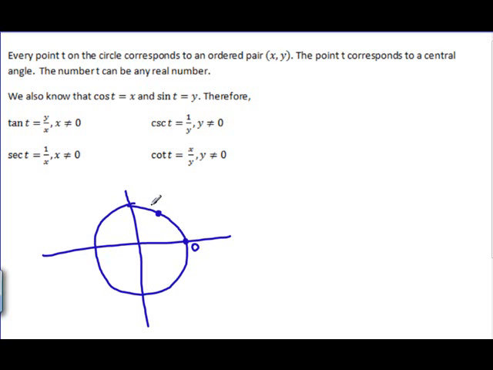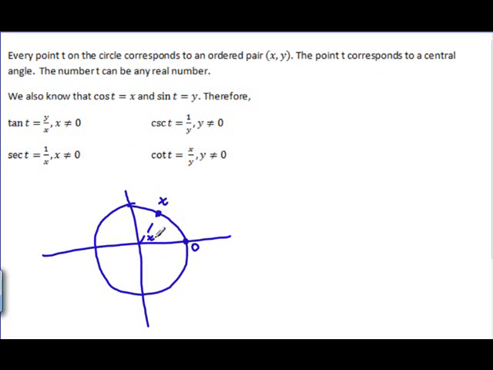If we go clockwise, we're going in the negative direction. So any real number t corresponds to a point (x, y), where t is really nothing more than the angle, because t is our arc length. So we really have a central angle T. The point T corresponds to a central angle. The number T is any real number.